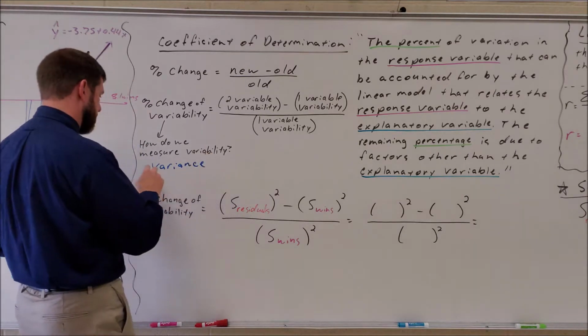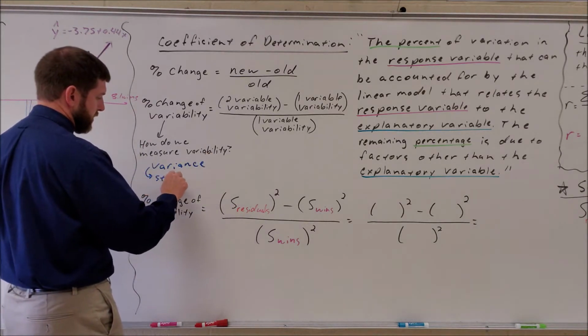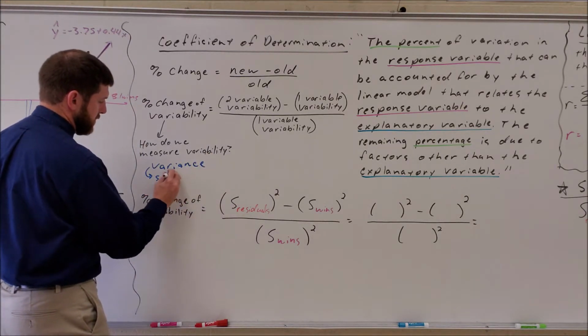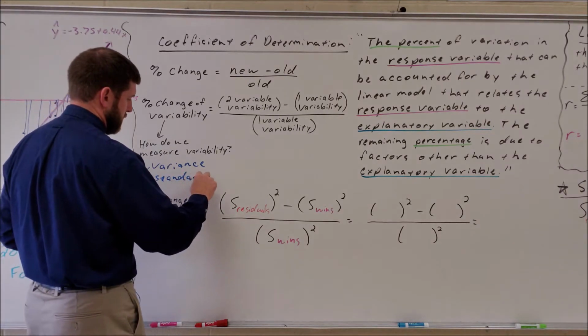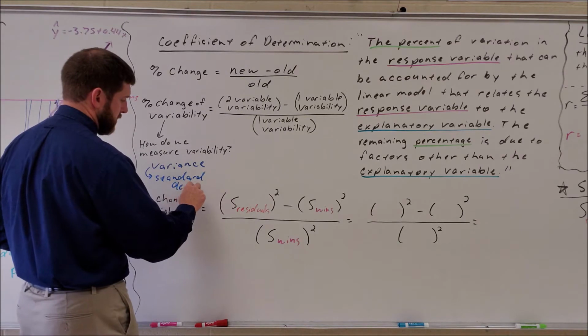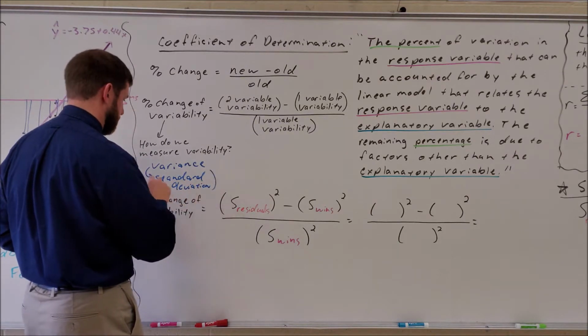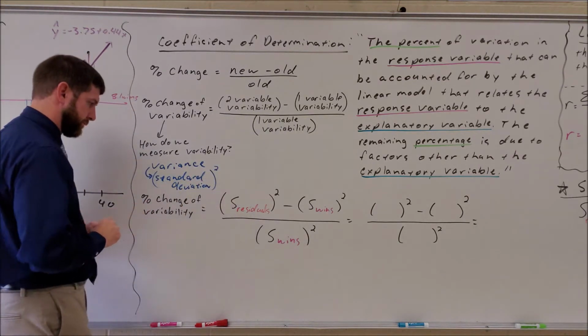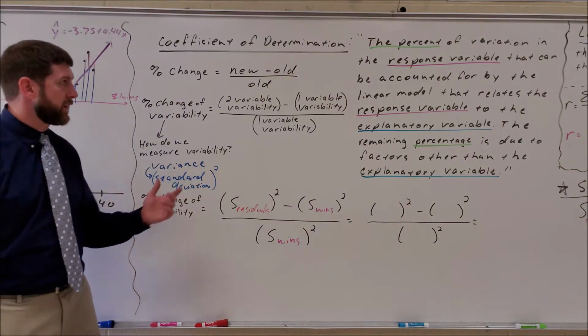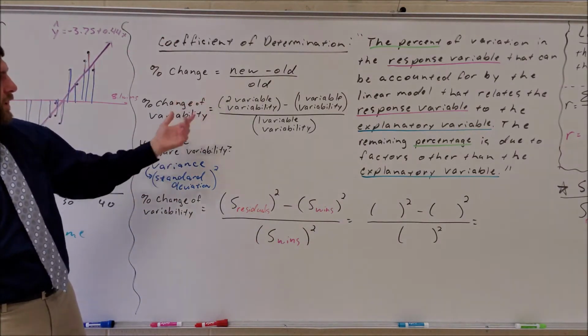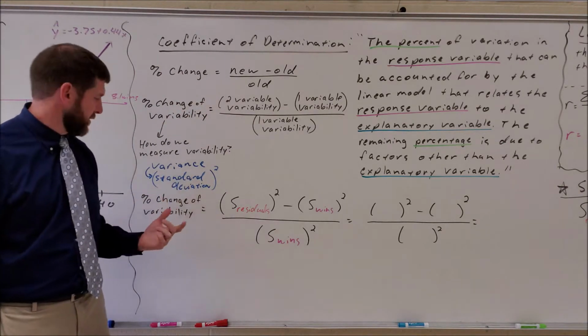Well, we know that variance is nothing more than standard deviation squared. So this is where we build this formula, this concept of trying to figure out the percent change of variability.